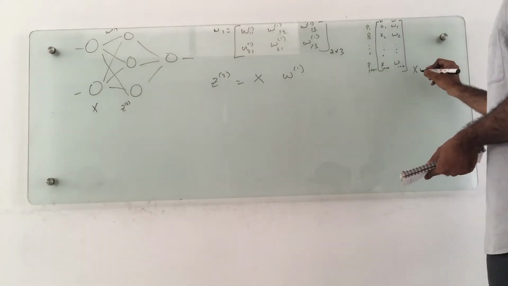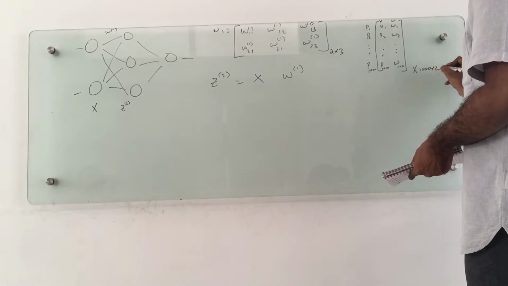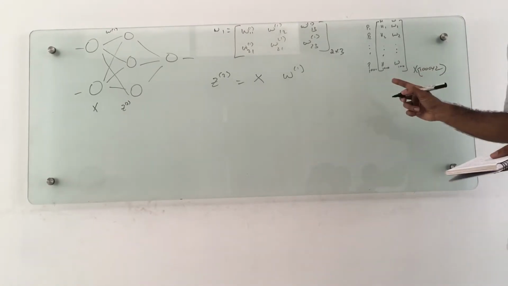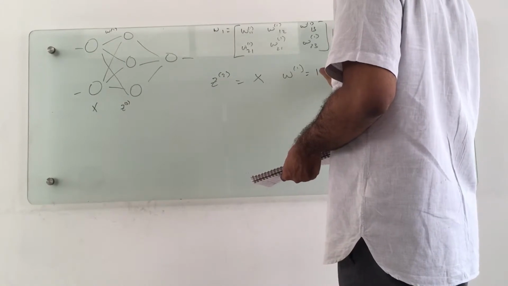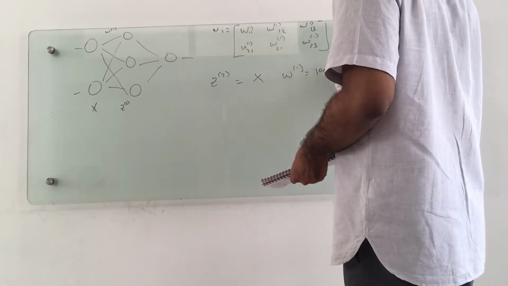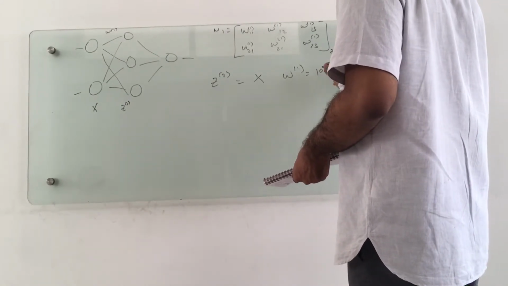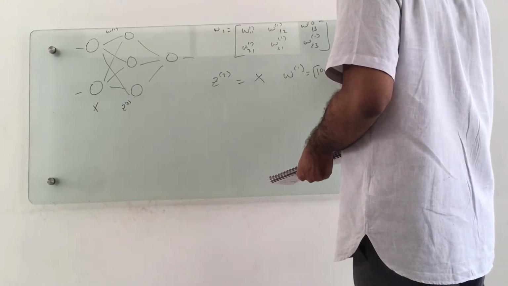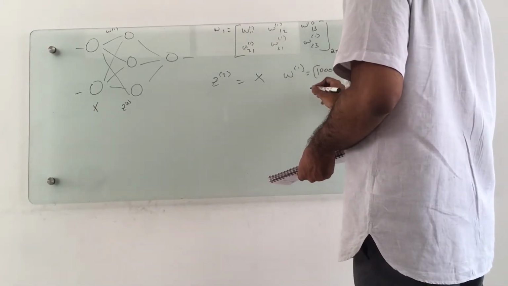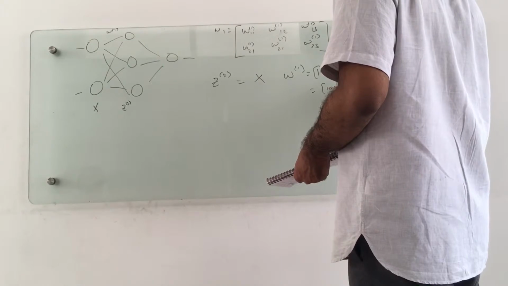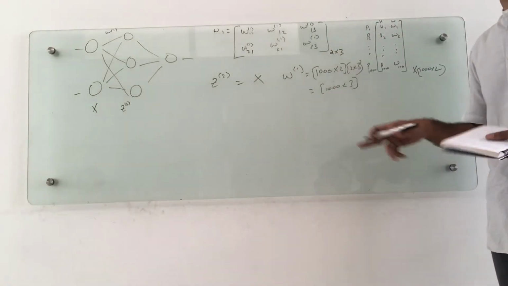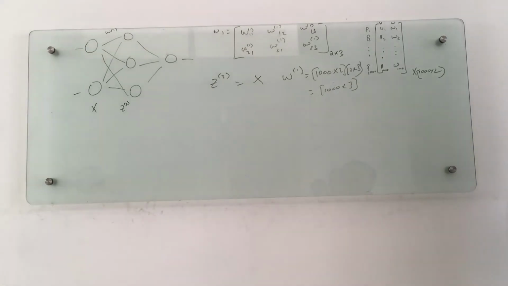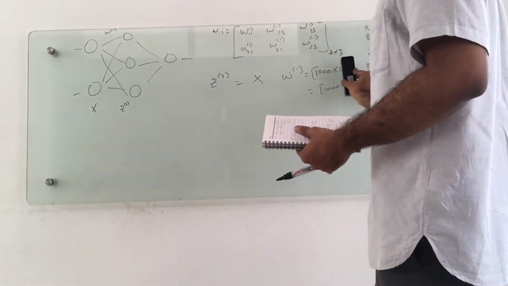So my X is 1000 by 2, correct? Now when this multiplication happens, this is 1000 by 2 multiplied by 2 by 3, which will give me 1000 by 3. This is how your Z2 will look. So your Z2 will be 1000 by 3.